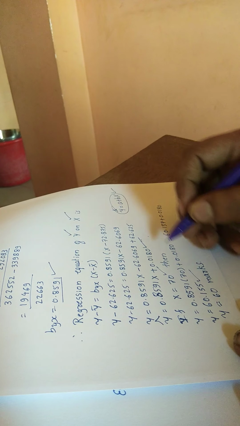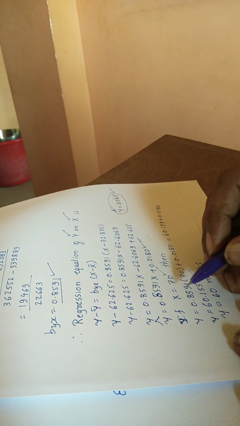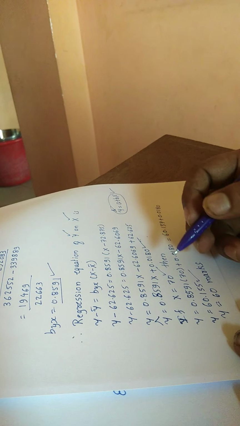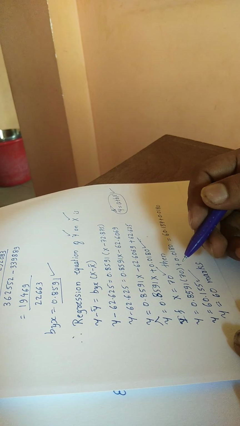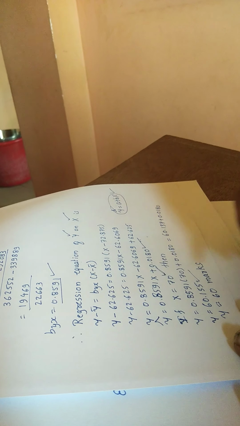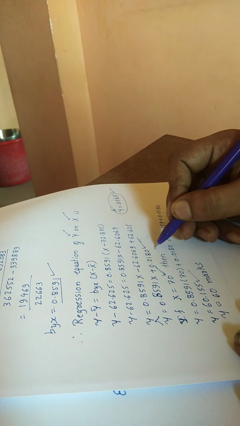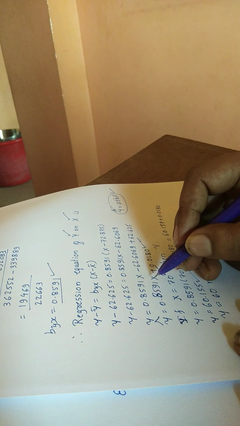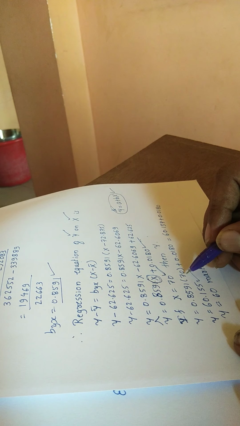Now by considering this equation we have obtained, we focus on the question. What is the question they have asked us to calculate? They have asked us to calculate the marks when the attendance is 70%. So the x value is 70; then what is the value of y? Simply, in this equation, in the place of x we substitute 70.